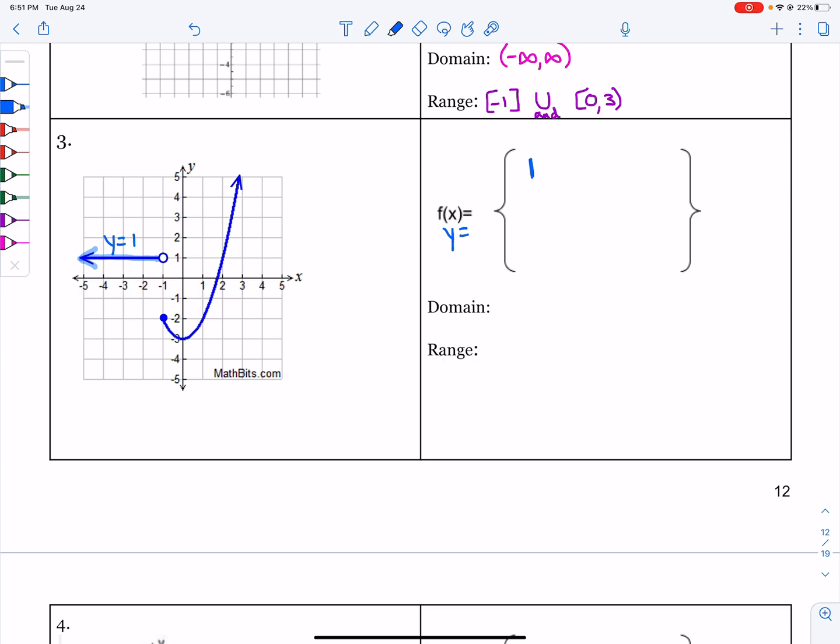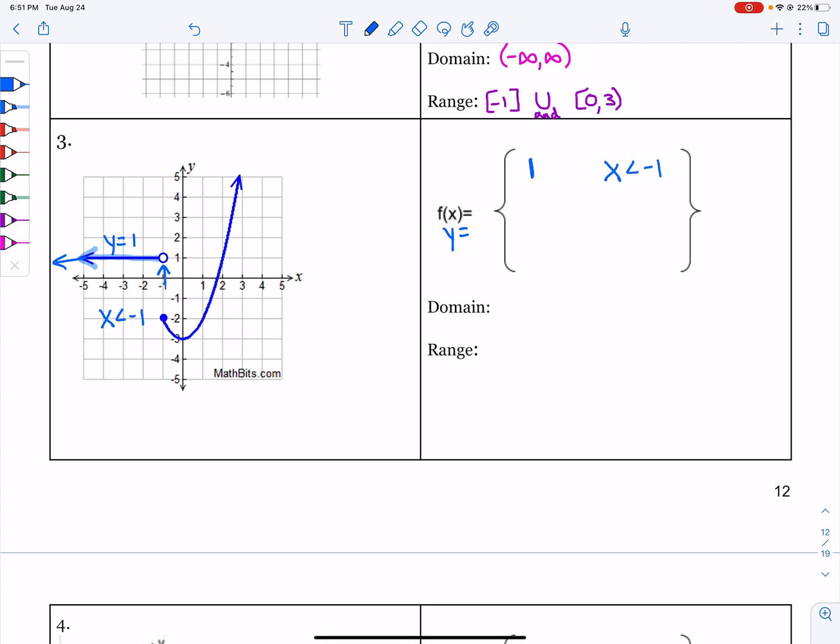Then you see what values of x is this part of my graph located in. So I see -1, but it's not equal to -1. And then it's going off to the left forever. So we would say that it goes from where x is less than -1, but not equal to.